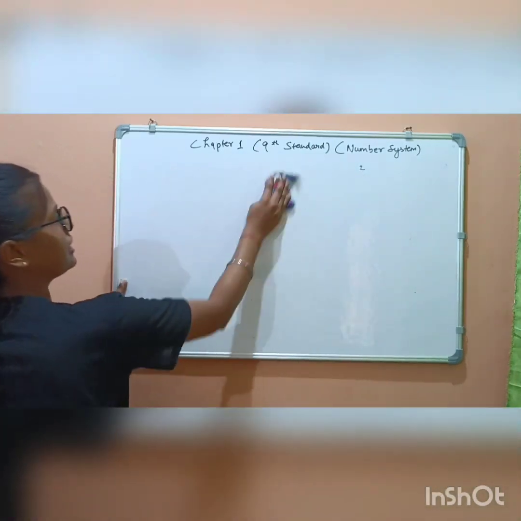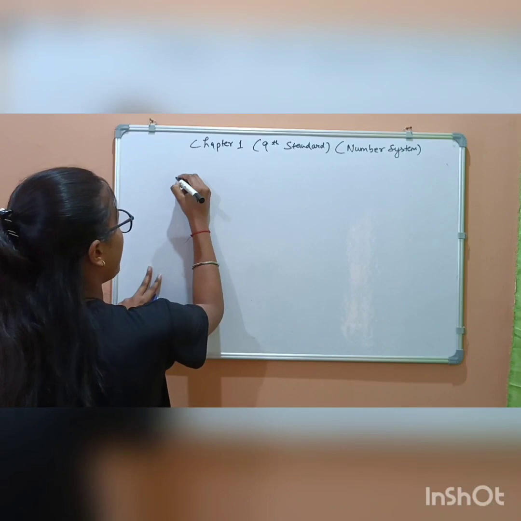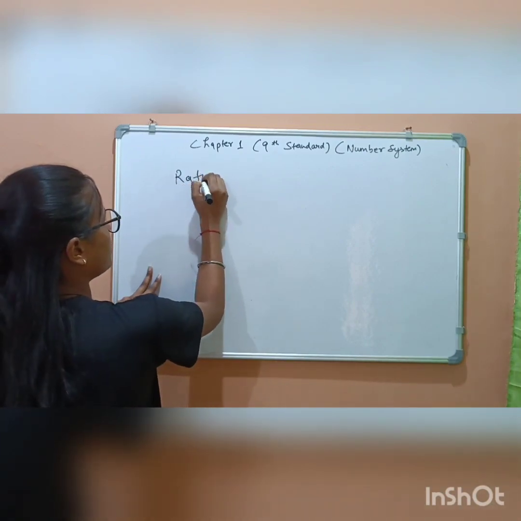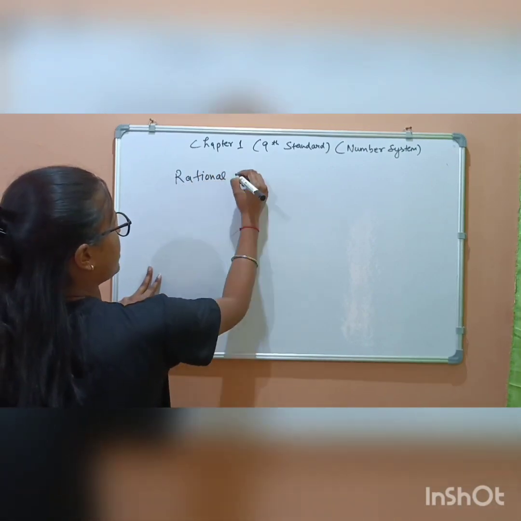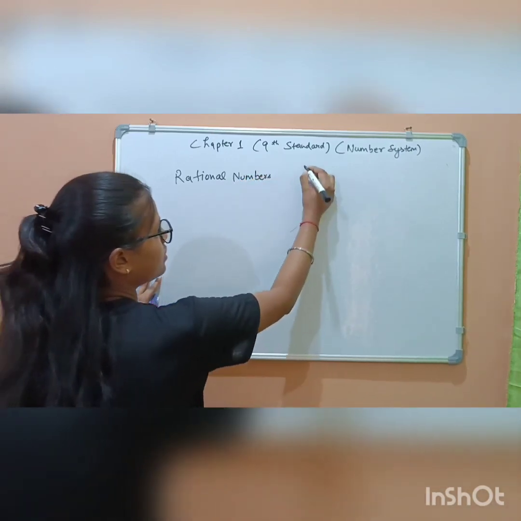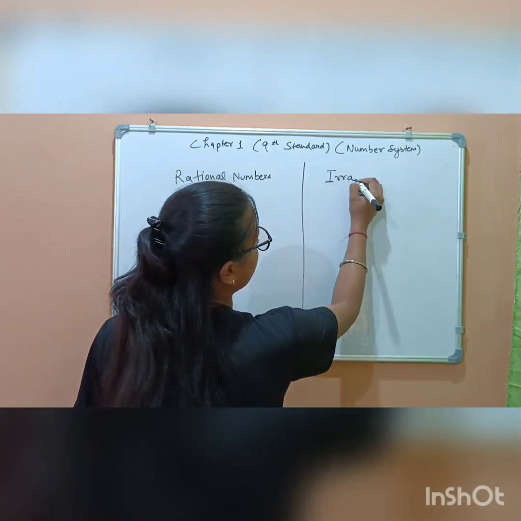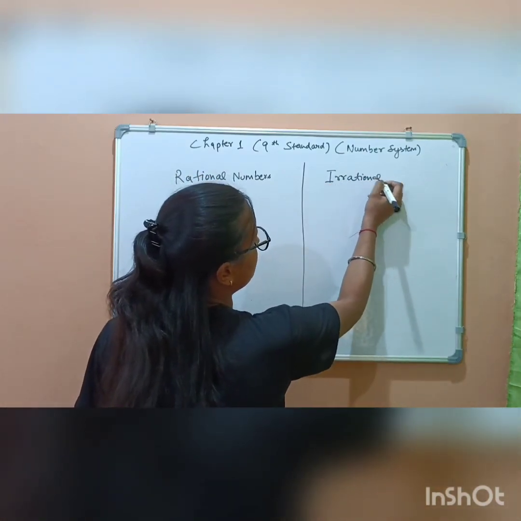And now let us clearly understand what are rational numbers and what are irrational numbers.